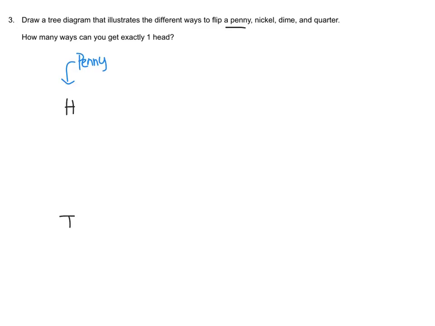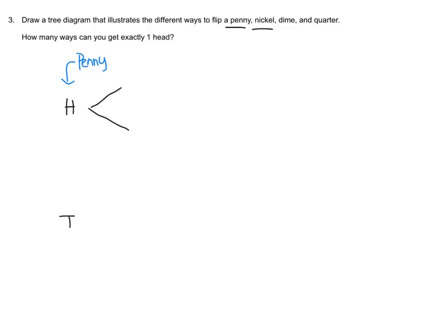Now I'm going to continue my tree by including the number of ways to flip a nickel. And again, a nickel has either a heads or a tails. So if I flipped the penny and I got a heads, then that means my next flip, when I flip the nickel, could also have two outcomes.